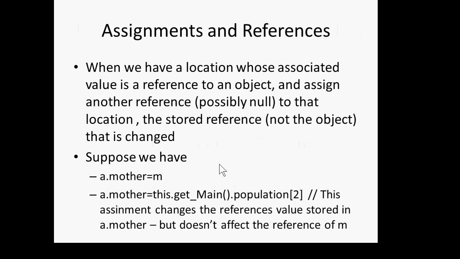And we have some reference called m to another person, call her Mary, a person in the population. And we say a.mother equals m, so John's mother is Mary. And then suppose we were to say a.mother is this third person, 0, 1, 2, in the population.